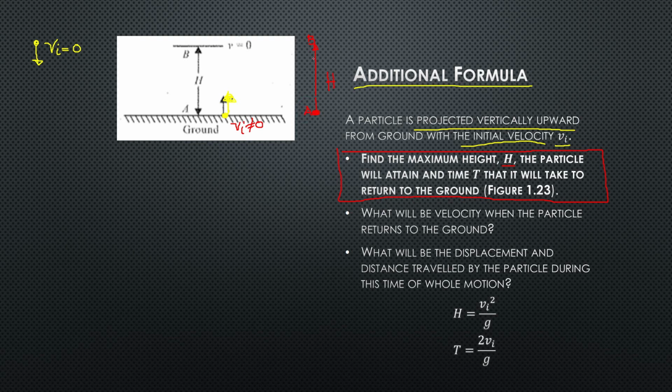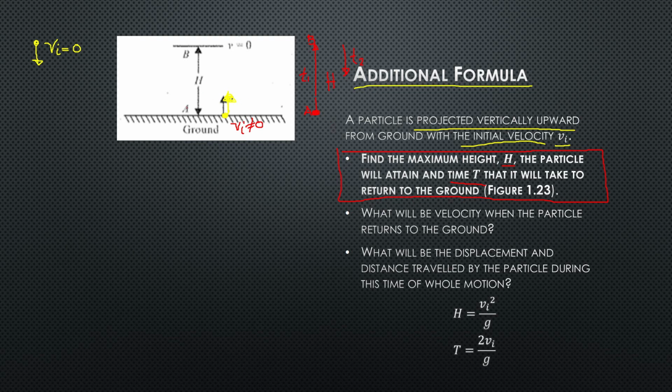And when we say maximum height, that body or object will stop, and it starts to go down again back to the ground. So there's a total time interval from going up and going down. So time 1 is going up and time 2 is going down. So time of ascent and time of descent.